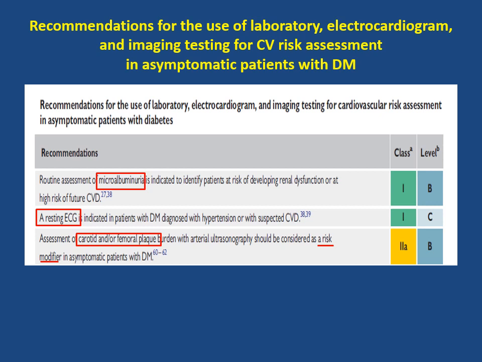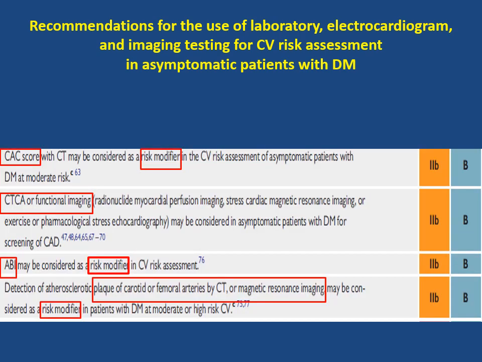The third point is the risk modifiers. The risk modifiers include assessment of carotid or femoral plaques by duplex, and it is a class 2A indication. The second risk modifier is coronary artery calcium score. The third risk modifier is ankle brachial index.